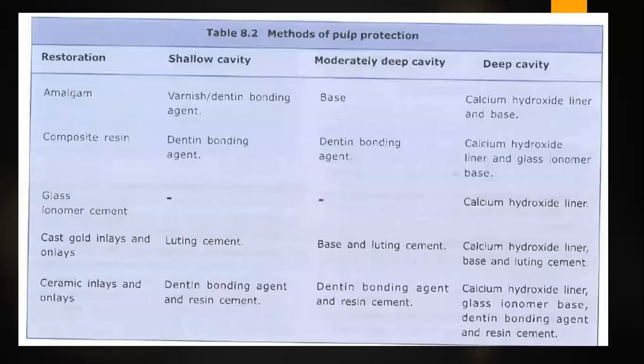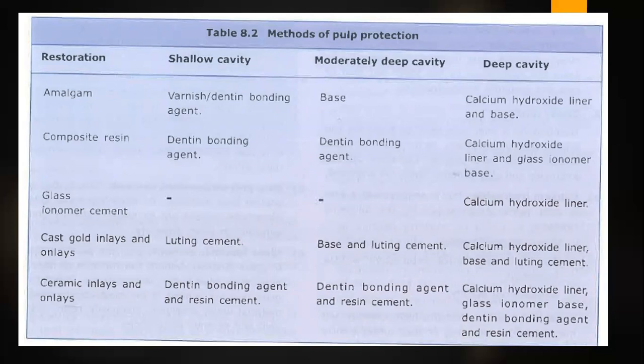Then these are the guidelines for different depths of the cavity and for different methods of restoration. Amalgam: varnish or dentin bonding agent for shallow cavity, base for moderately deep cavity, and for deep cavity it includes calcium hydroxide liner and base. For composites, dentin bonding agent is needed in shallow and moderately deep cavity, and deep cavity requires calcium hydroxide liner and a glass ionomer base.